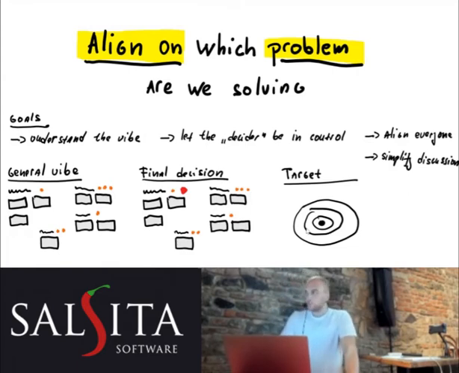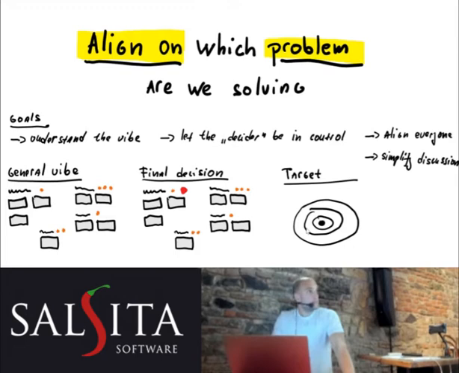So what design sprints suggest is first to try to get a general vibe. You can imagine it as a voting where people identify, this is the most important problem for me, this is maybe the second most important problem for me. And what you get is some kind of heat map.